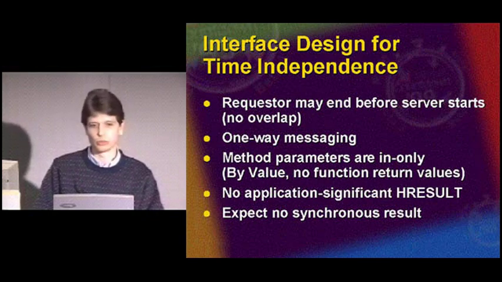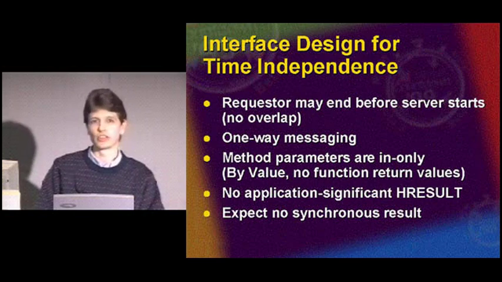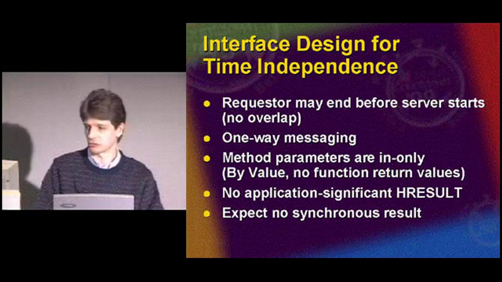So that puts some restrictions on the way in which you can use interfaces. What you really need to do is think of it as a one-way messaging system, where the client sends a message to the server, and the server responds to that message. The server can then send a message back to somewhere else on the client if a response is required, but it won't necessarily be back to the same component the original request was sent from.